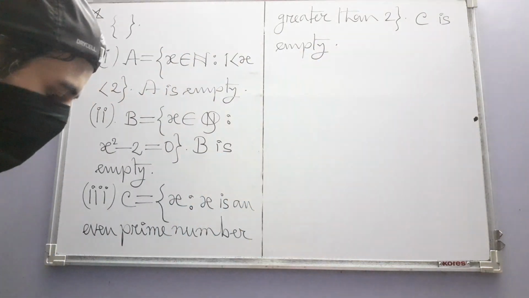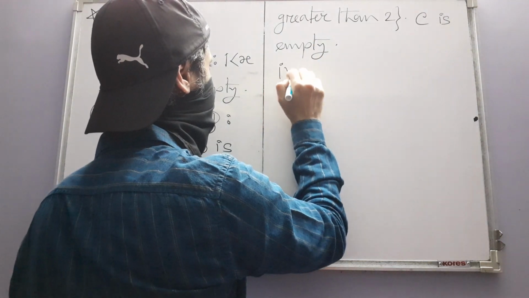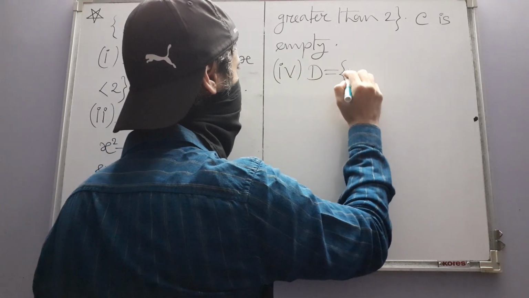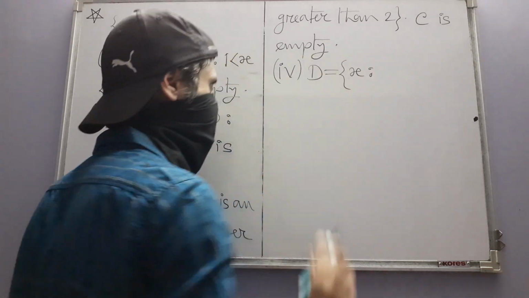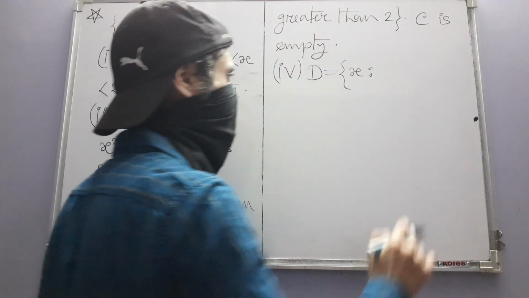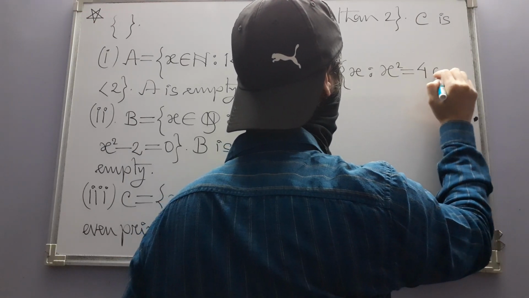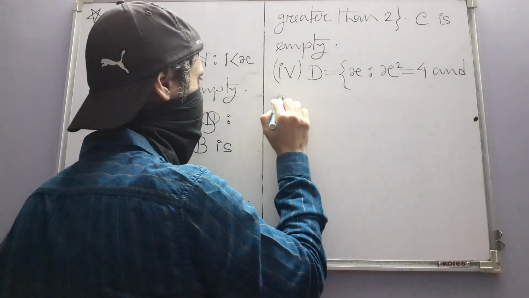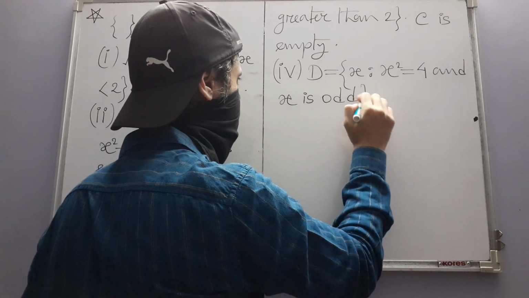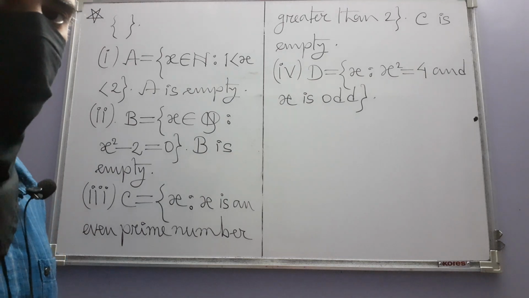And there is another one. D. It is the set of all elements X such that X square is equal to 4 and X is odd. You know what type of x's satisfy that equation.